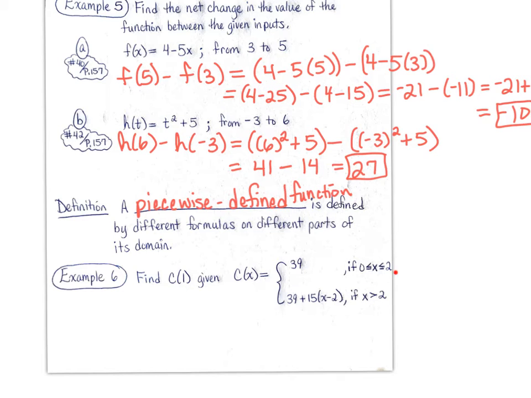Which part of the function are we in whenever we're saying x is 1? Are we in part 1, or are we in part 2? Part 1, right? Because 1 is between 0 and 2.